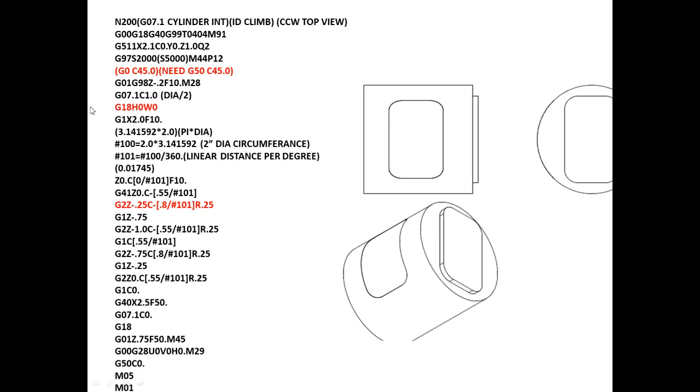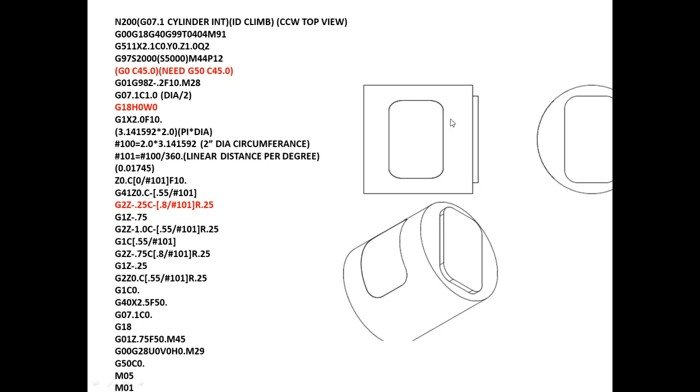That's a little different than Mitsubishi. Mitsubishi will know once you command the special G12.1 command. So for cylindrical interpolation, you need the G7.1 and the C diameter divided by 2, and then G18, H0, W0. Now the machine will work on the cylindrical interpolation.